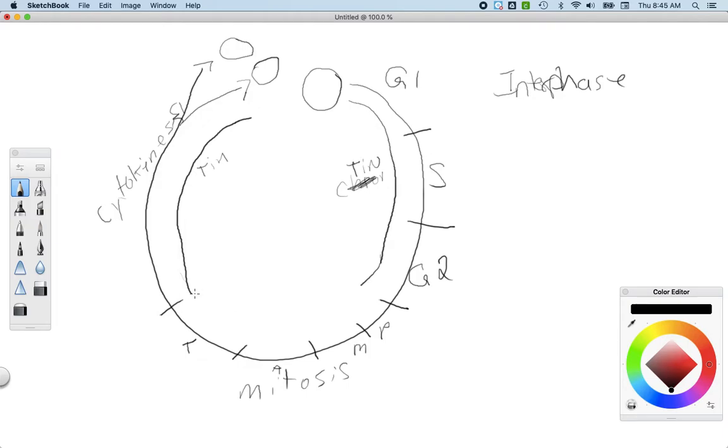In mitosis, our DNA is in the form of chromosomes.